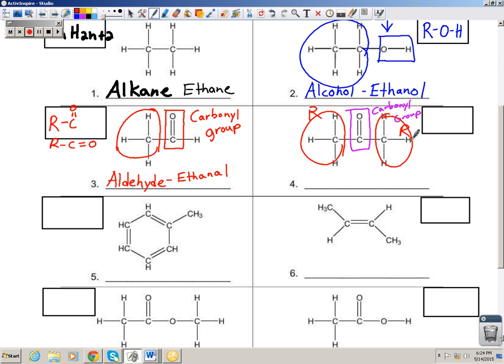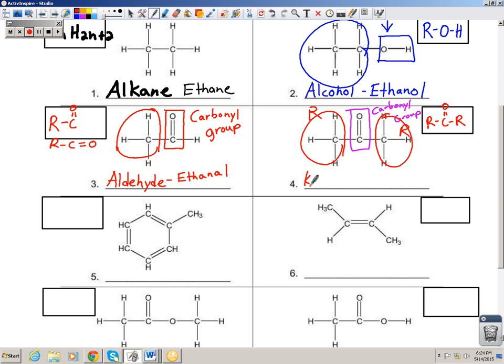So we'll write our general formula, RCOR. I look at my general formula thing, and what I see is my rock, or what I call my ketone, cord, C-O-R, cord.